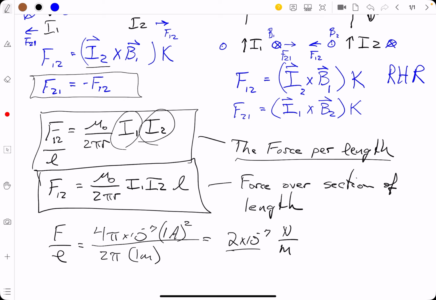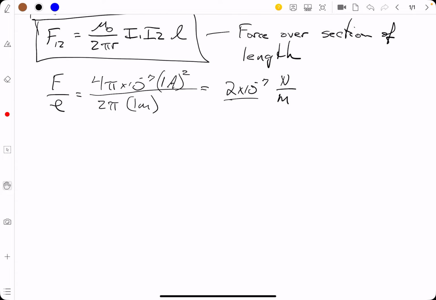And if you're not reading 2 times 10 to the minus 7 newtons per meter, then if you're below it, you increase your current. If you're above it, you lower your current till you get it right. Then you know you've got 1 amp. So that's what I mean by that on the bottom of page 51 and the top of page 52.